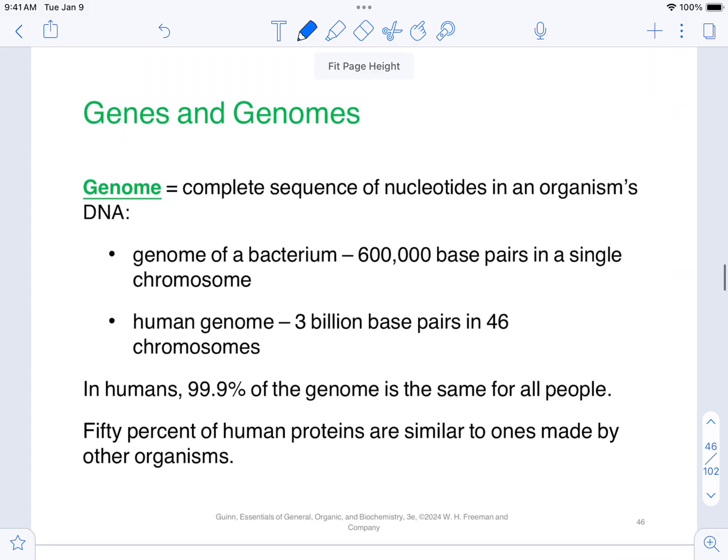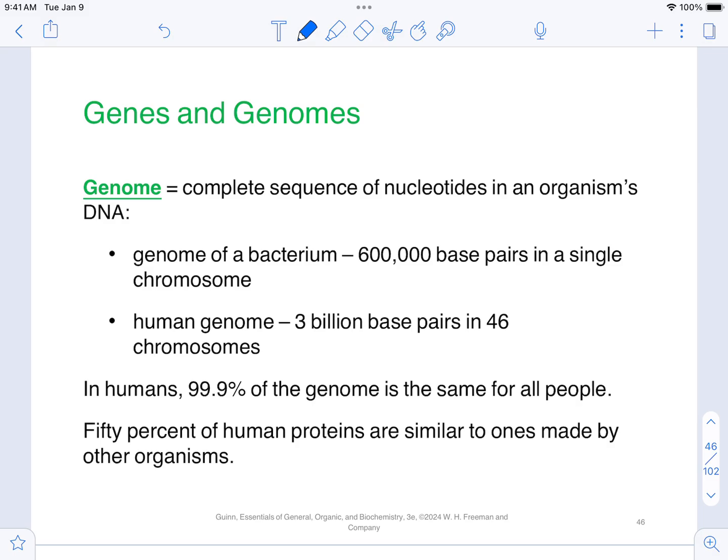Okay, another vocab word, something called a genome. So the genome is the complete sequence of nucleotides in an organism's DNA. This differs according to the species that you're looking at. So if you're looking at a bacterium, for example, this has 600,000 base pairs in a single chromosome. Sounds like a lot.